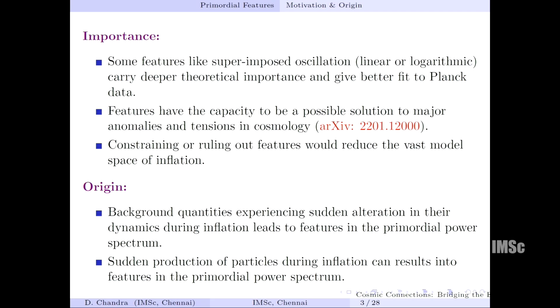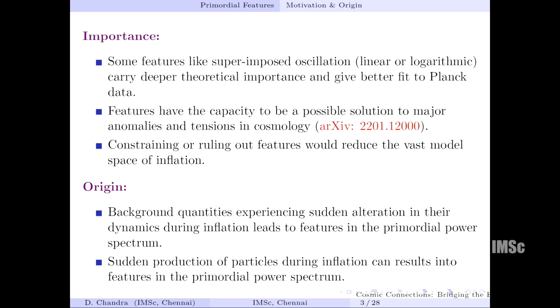The easiest model of inflation, known as the single field slow-roll model, predicts that the primordial power spectrum should be scale invariant and exhibit a power law structure, and that is excellently consistent with the CMB and large scale structure observations.